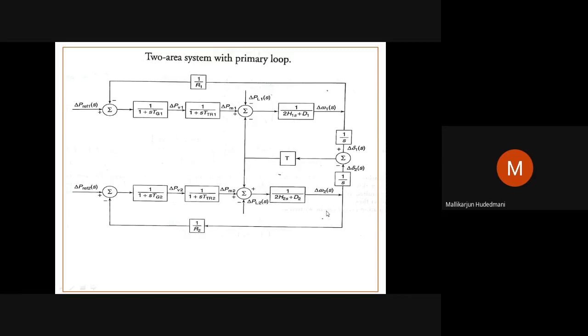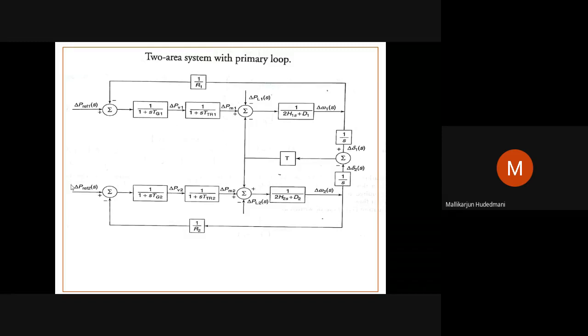In the case of area 2, the frequency deviation of area 2 is taken via beta 2, and it is summed up here with the power flow among the corporations, transformed as the area control error of area 2, which is amplified and integrated to get delta P reference 2.